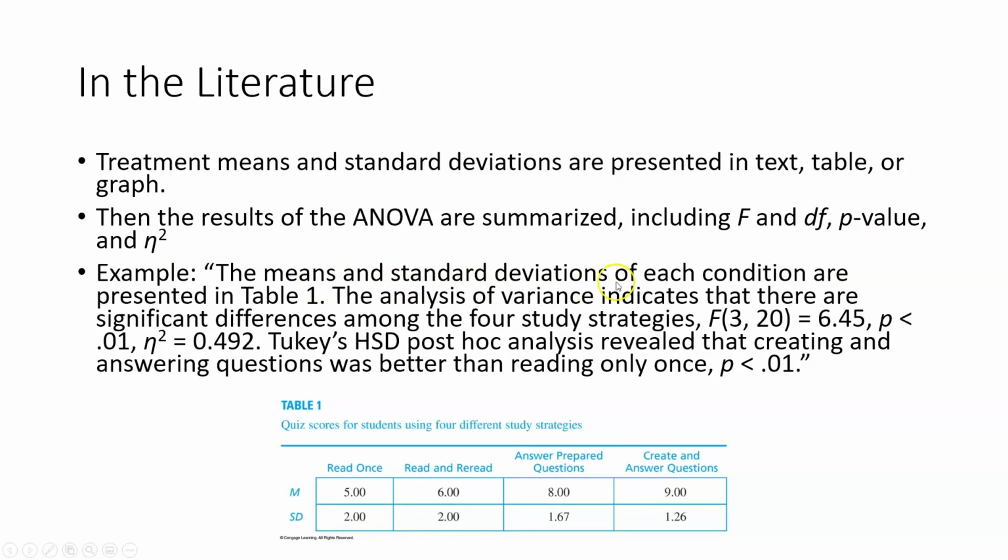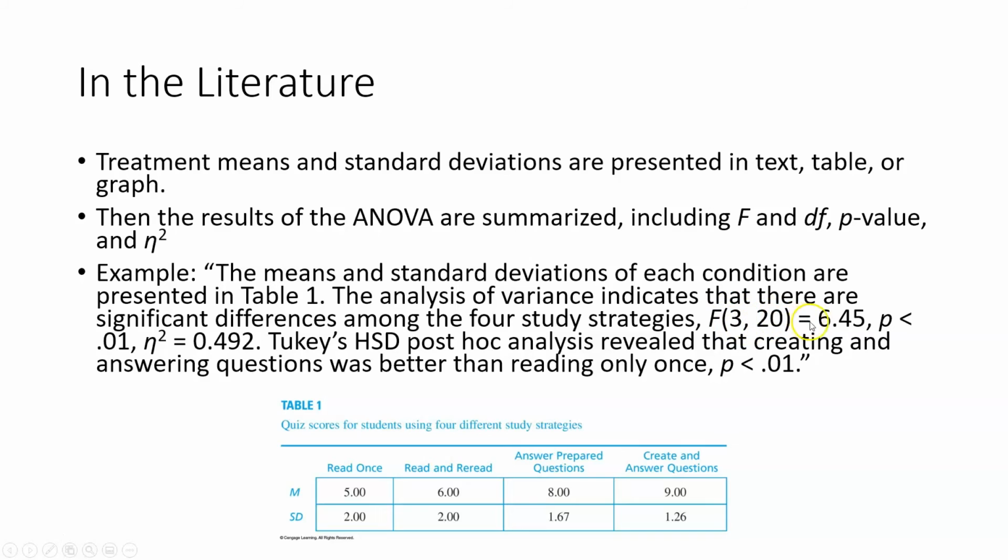The means and standard deviations of each condition are presented in Table 1. So you've referenced the table. The analysis of variance indicates that there are significant differences among the 4 study strategies. Then you put a comma. You italicize your F, and you put inside the F the degrees of freedom between and the degrees of freedom within.